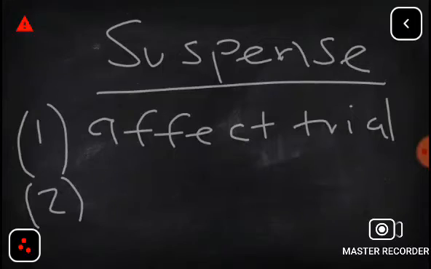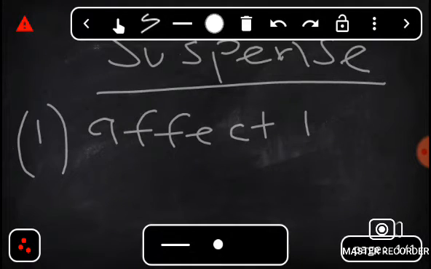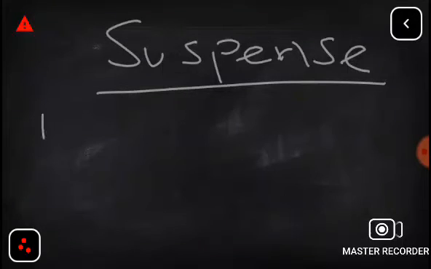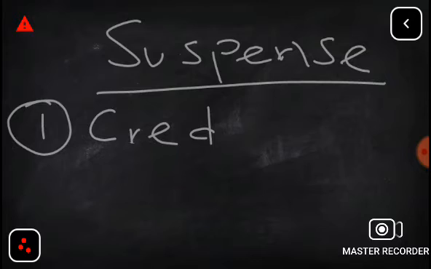And if you look at this suspense account, there are two things that we must know. One of the things that we must look at under suspense account is when the suspense has a credit balance.